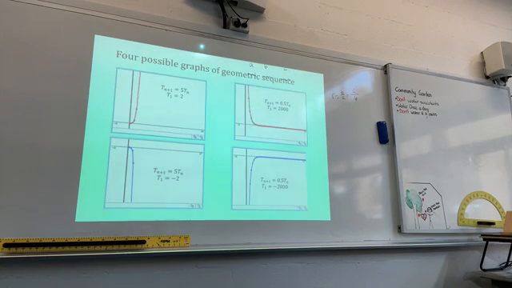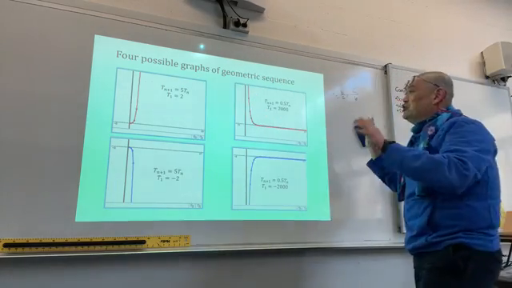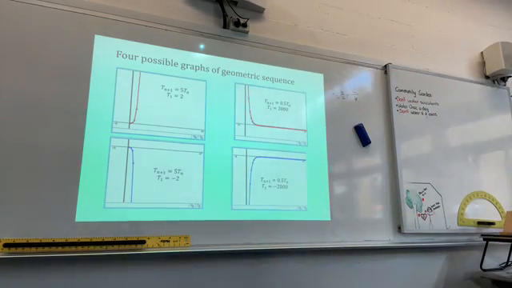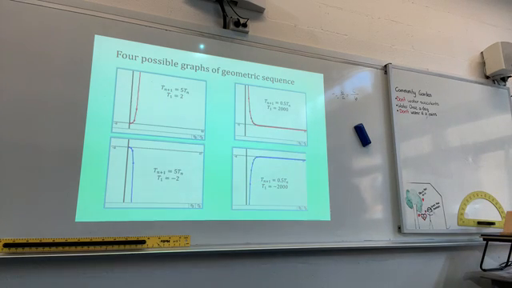Alright, now, let's have a look. 2 more slides. Everyone, focus please. 2 more slides, last 2. This is the time that you need to learn the words convergent and divergent. Let's have a look at the 2 graphs, the left 2 graphs. Can you describe the behavior of the graph?